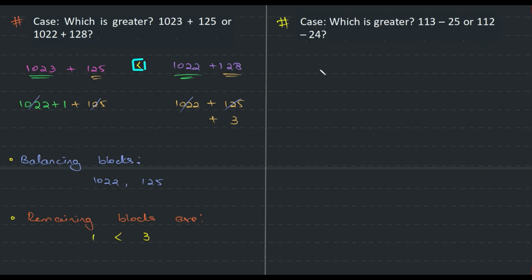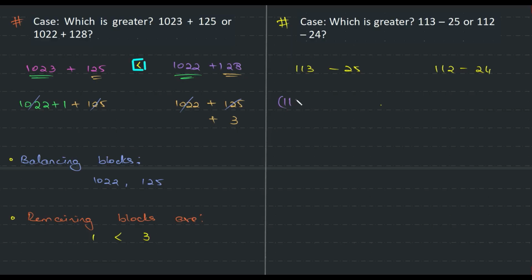Now let's do this. But here it's subtraction, right? 113 minus 25, and we have 112 minus 24. So how do we go on doing it? Well, we can clearly see here that 113 and 112 are quite related.